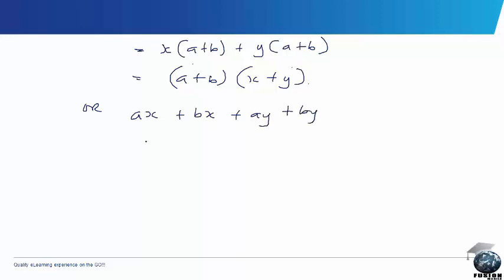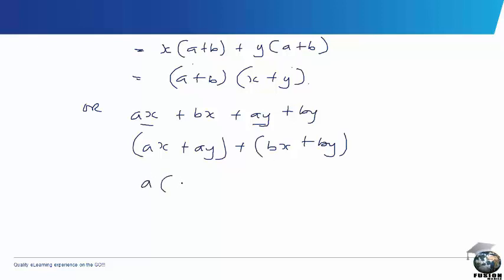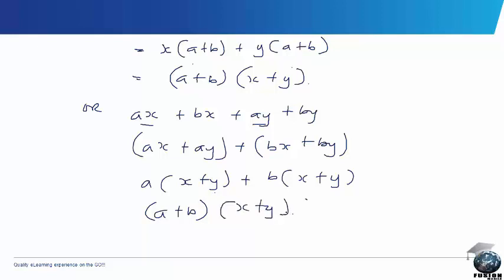You can group in terms of a's, ax plus ay, I'm picking these two terms together, and then plus bx plus by. The common term here is a, and then you have x plus y, and the common term here is b, and then you have x plus y, and so you can join the two terms, a plus b, because the common term here is x plus y. Alright, this is how you factorize.